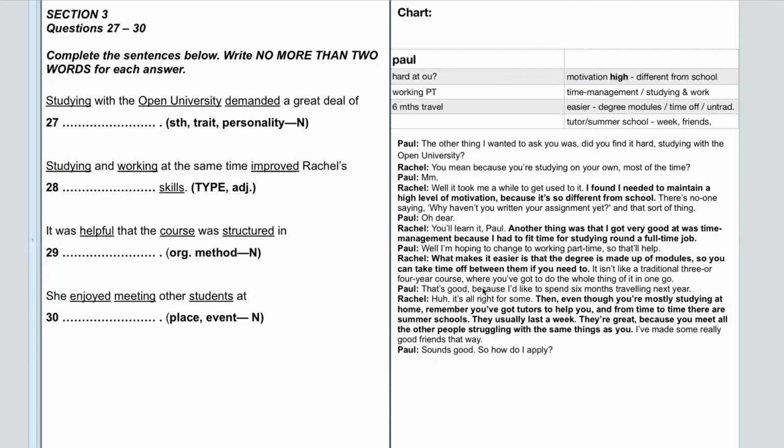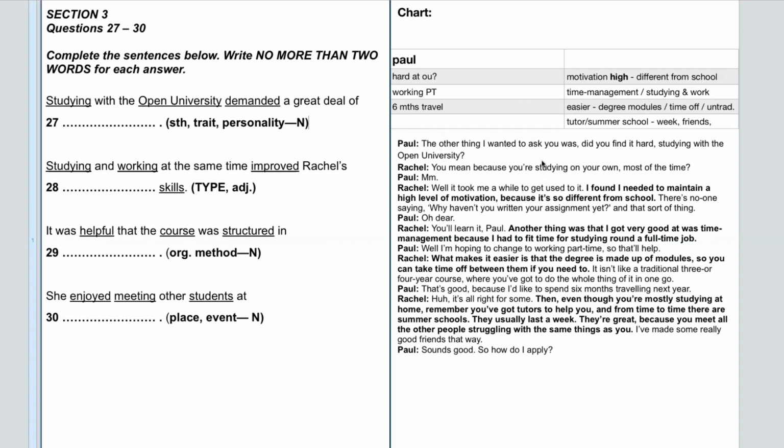Let's look at where this was in the transcript. Obviously, it was right here with Rachel, where she said, "It took me a while to get used to it. I found I needed to maintain a high level of motivation." So high level can be a synonym for a great deal of, because it's so different from school. We know that they're talking about Open University because this keyword was mentioned by Paul in the very beginning. Another keyword is studying because Rachel talked about studying immediately after.